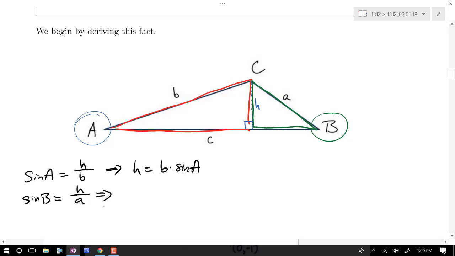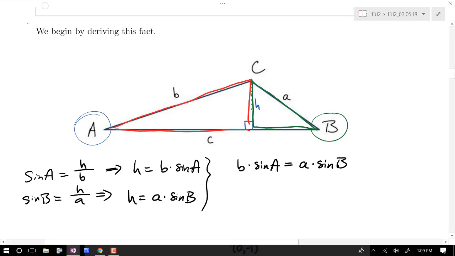And if we solve this for h by multiplying both sides by a, we get h is equal to a times sine of B. So we have these 2 different expressions for h. h is obviously equal to itself. So we get that b times sine of A is equal to a times sine of B.